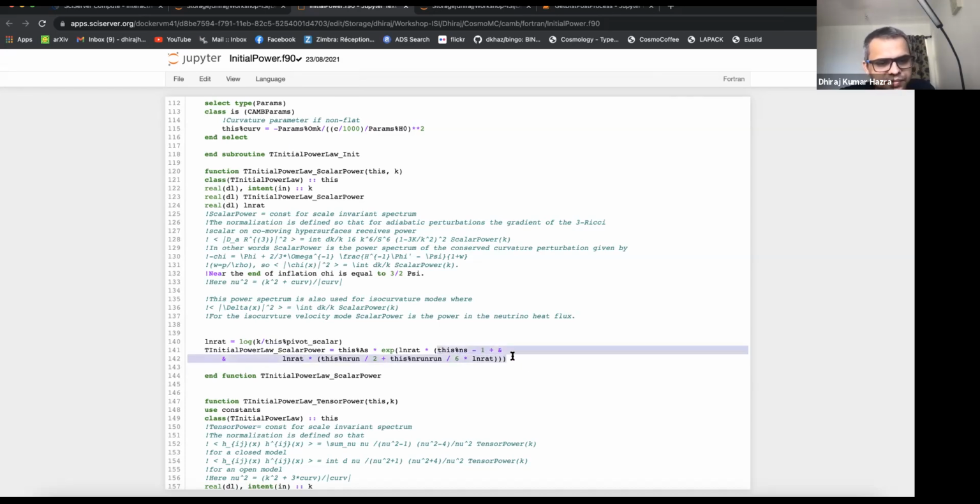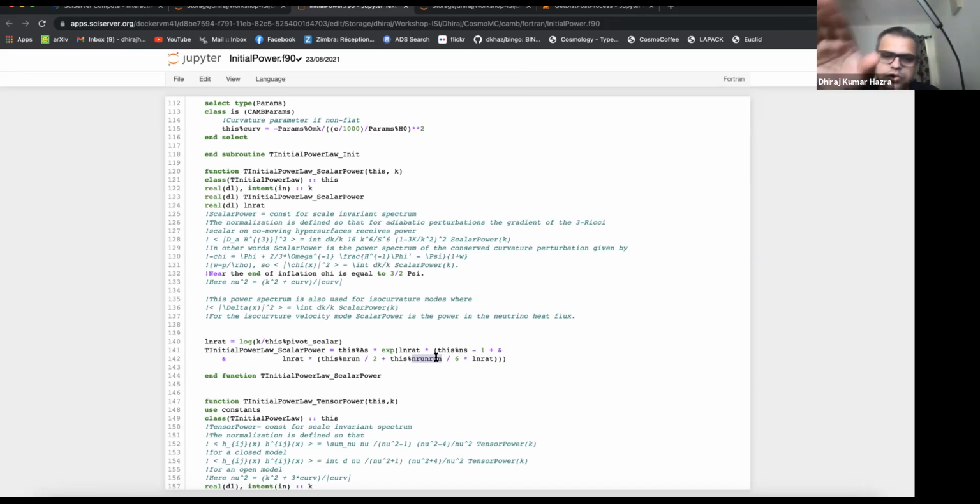There is a tilt. Then after that, there can be a running of the spectrum. For example, if the power spectrum doesn't stop at a tilt, if it has certain type of bending, then you can parameterize it with another parameter called running of the spectral index. Then there can be running of running as well, where you can assume that your power spectrum is having some wavy features.